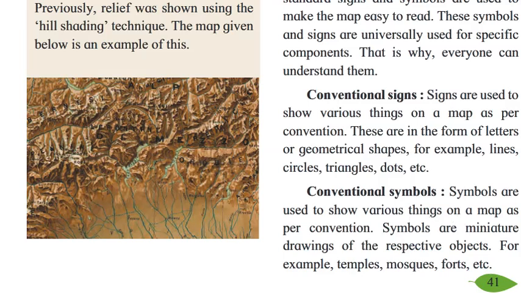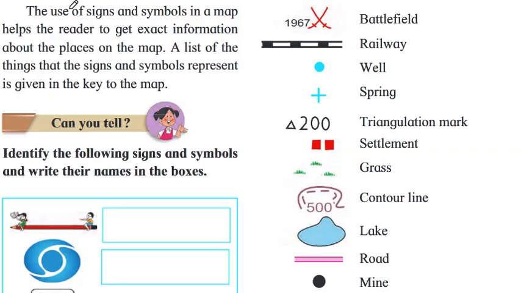Symbols are miniature drawings of the respective objects. For example, temples, mosques, forts, etc. The use of signs and symbols in a map helps the reader to get exact information about the places on the map.